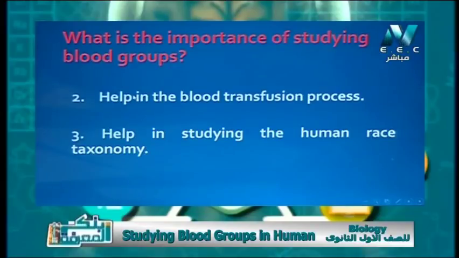So we have to study very well the blood group of each person when doing blood transfusion. And the third point is that it helps in studying human race taxonomy, because, as we said, we can classify people into groups according to their type of blood.